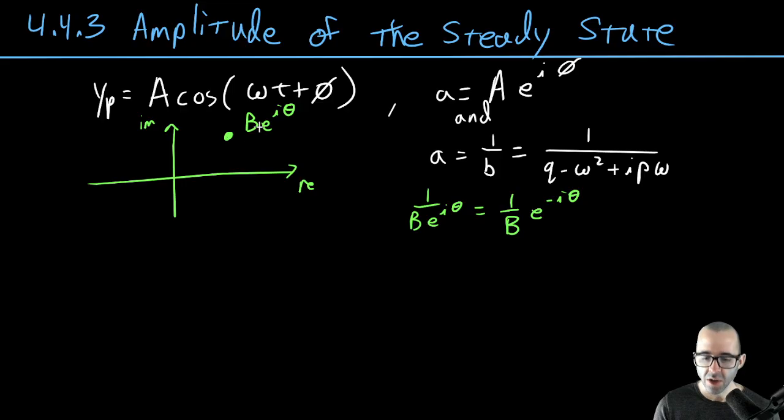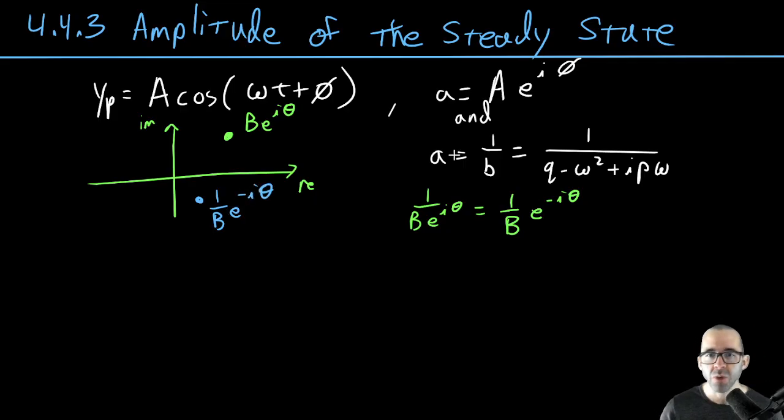So the reciprocal of any complex number, the modulus of the reciprocal, will just be the reciprocal of the modulus. And the angle is just going to be the negative angle. So if this is a positive theta, its reciprocal will have a different length and look like 1 over b, e to the negative i theta.